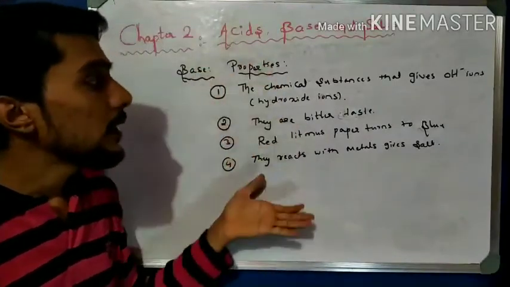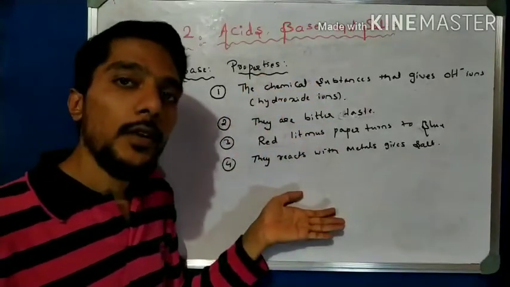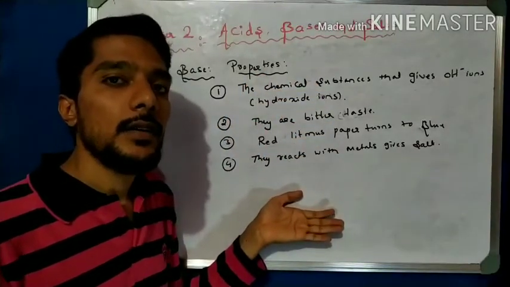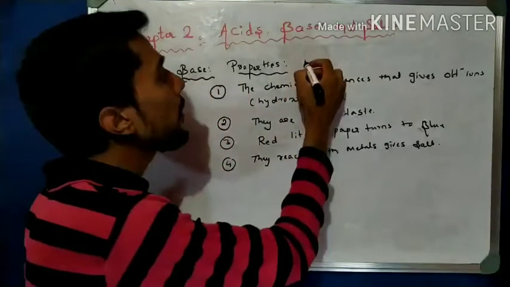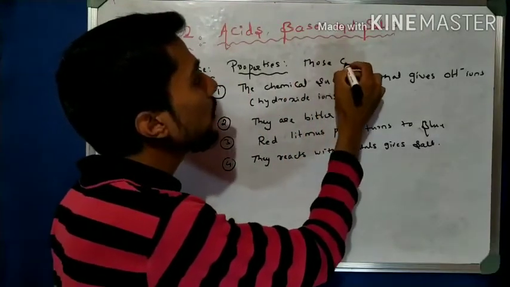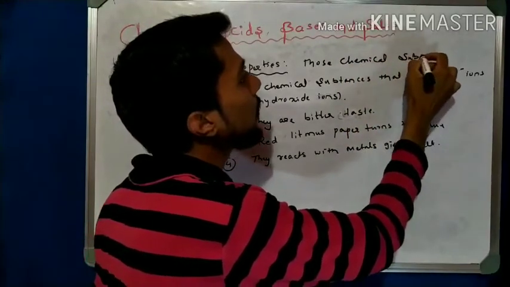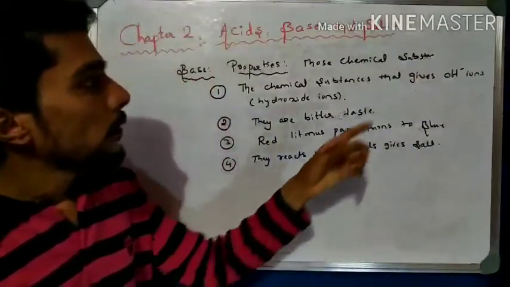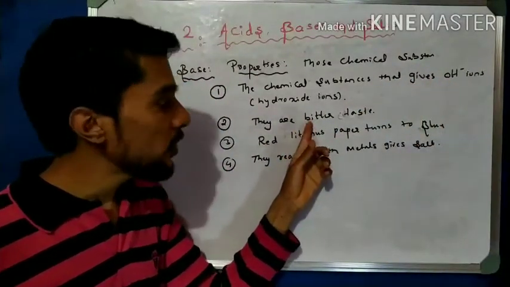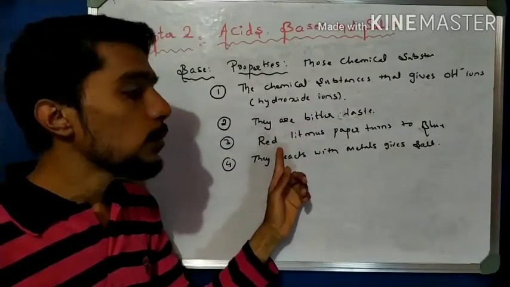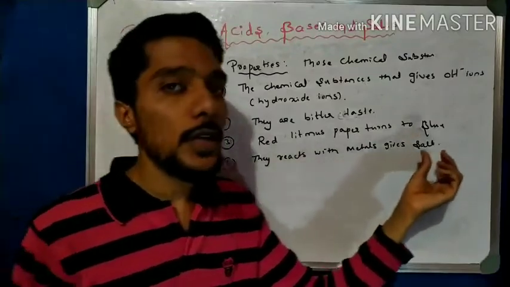So these are the different properties of base. By using these properties, we can easily define base. So what is base? Bases are those chemical substances that give OH minus ions, that are bitter in taste, that turn red litmus paper to blue litmus paper, and that react with metals to give salt.